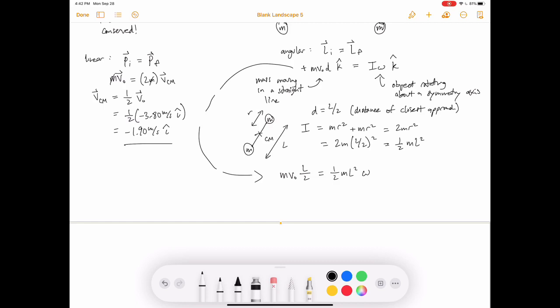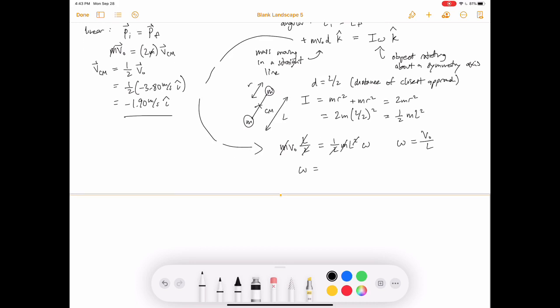Okay, well, we want to solve for omega here. And actually, that's not too bad because we can cancel out m. We can cancel out that factor of 2 there. And we can cancel out one of the factors of L. So at the end of this, we just have v0 over L. That's what omega is.